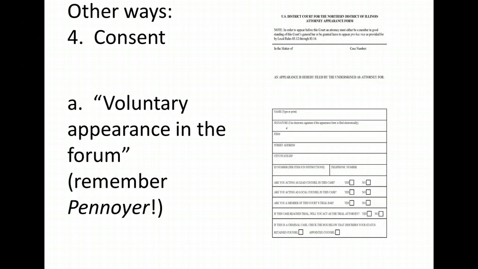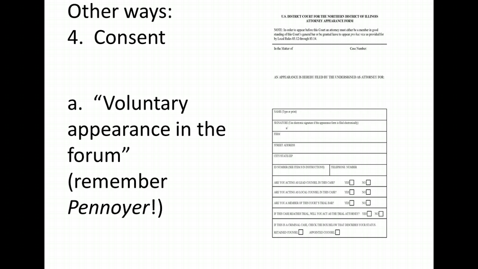The form that is printed on the right side of this screen is the attorney appearance form used in the Federal District Court for the Northern District of Illinois. And when you sometimes hear the expression appearance, this form is what they might mean. An appearance is hereby filed by the undersigned as attorney.